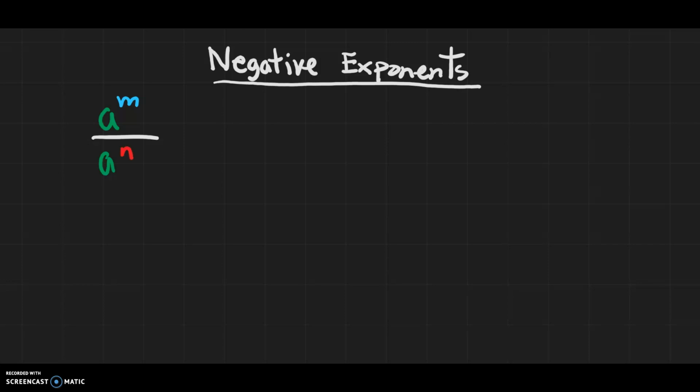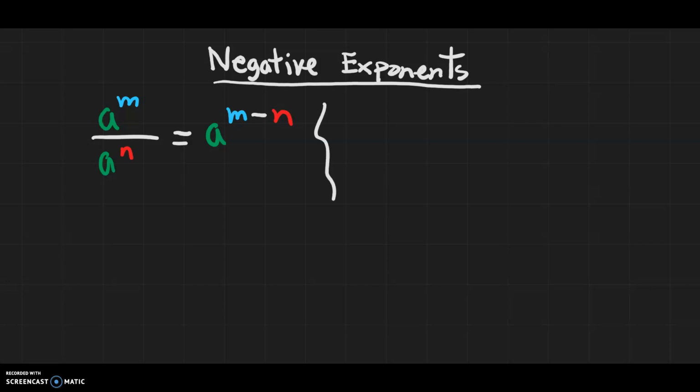The base is a in this case. As far as the properties are concerned, that would be a to the m minus n power. At that point, we would just, of course, subtract the exponents, and I'll give a specific example in a minute.